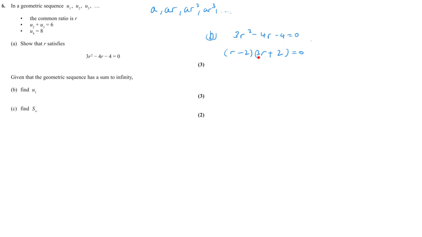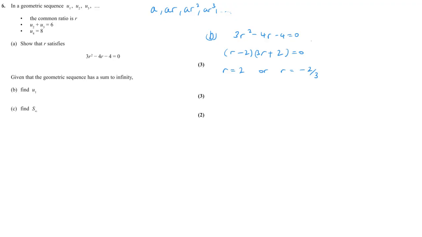And that gives me 3R squared, 2R minus 6R is the 4R, minus 4R, and that gives me minus 4. So R equals 2, or R equals minus 2/3. And next we have to choose which value of R. A lot of people chose R equals 2 because it's positive and ignored this one.